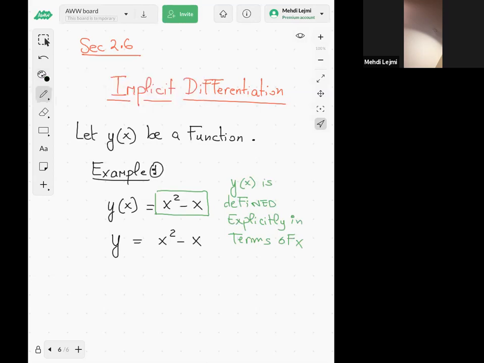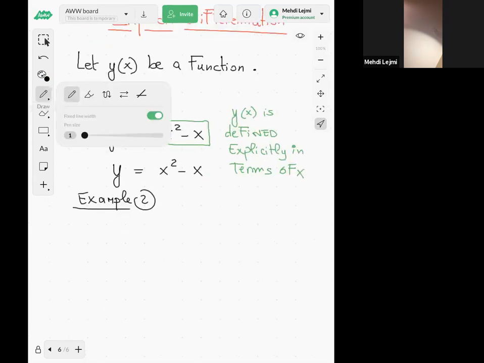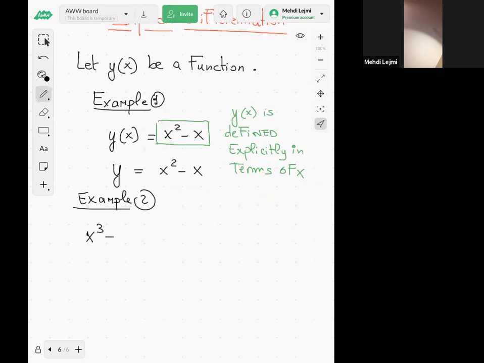Example 2. Let's say I have x cubed plus y minus 2x equal to 3, right? And again, I'm going to suppose that y is a function of x.